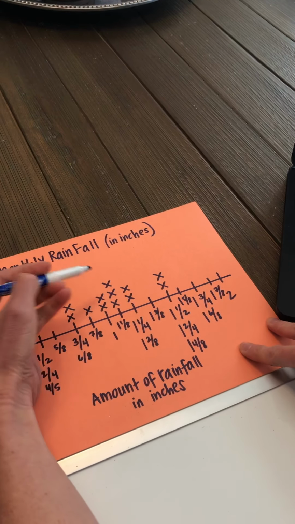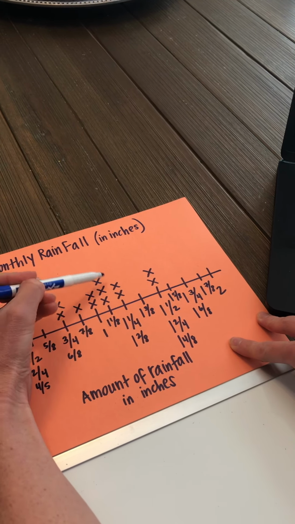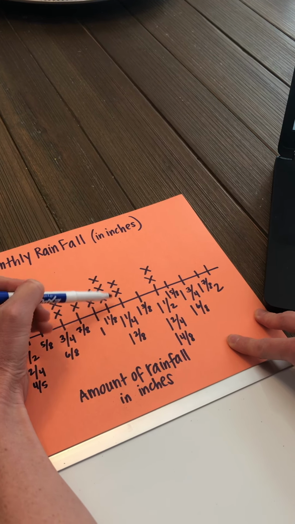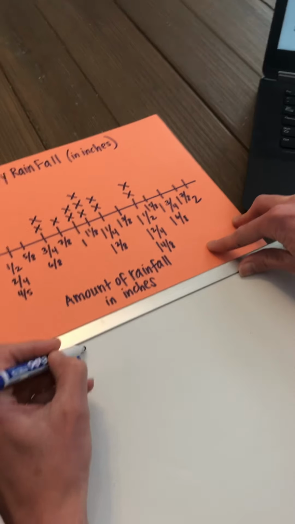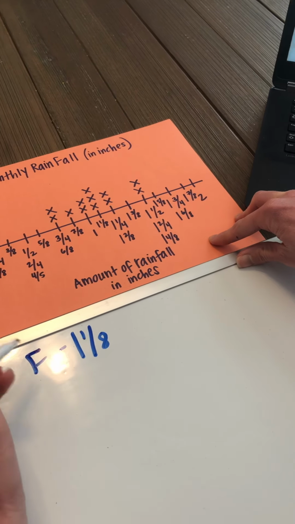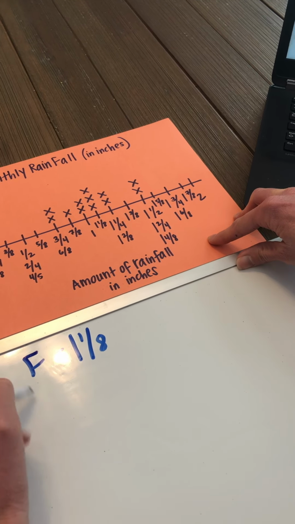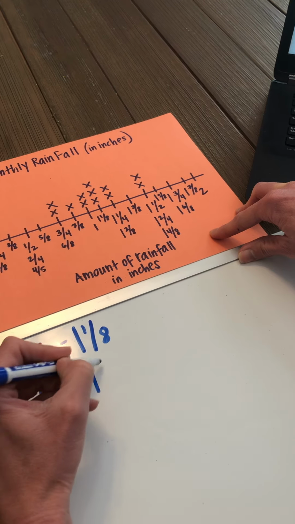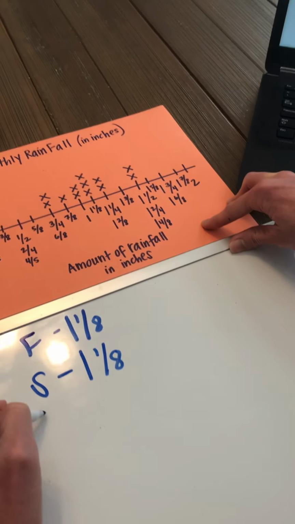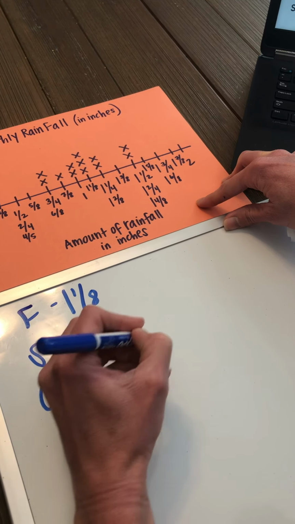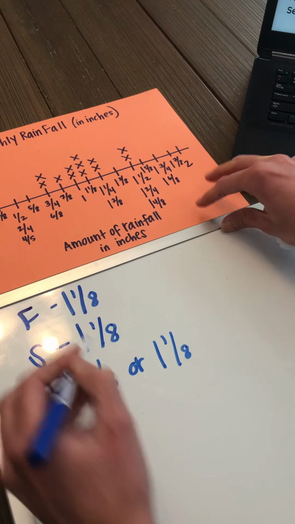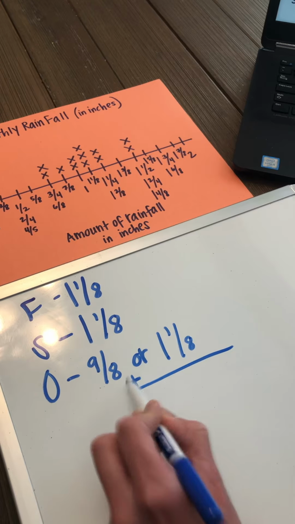So it's asking me how many inches in total did I have? Well, I noticed that February was 1 1/8. I noticed that September was 1 1/8. And I noticed that October was 9/8 or 1 1/8. And it asked me how many inches in total.